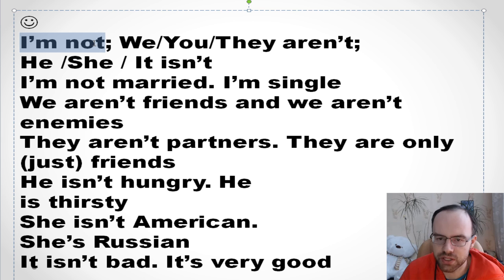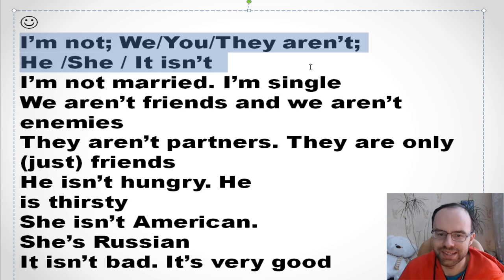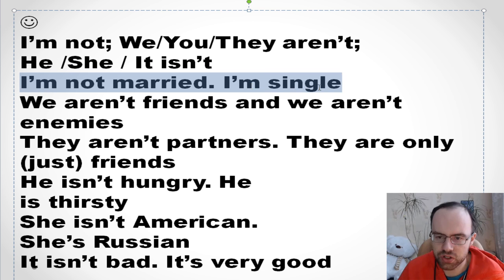Okay, so you know that we say I'm not, so we often use a short form. So in our conversation, we, you, they aren't, and he, she, it isn't. Okay, let's look at more examples. I'm not married. I'm single. We aren't friends and we aren't enemies. They aren't partners.